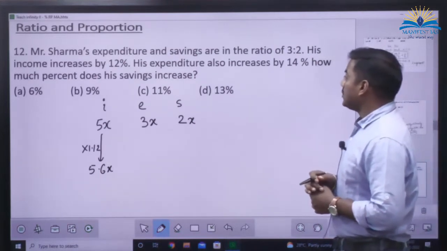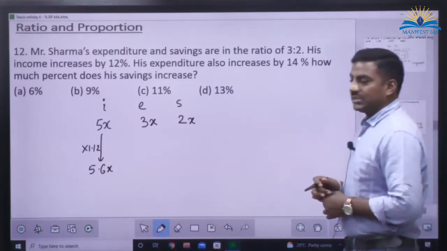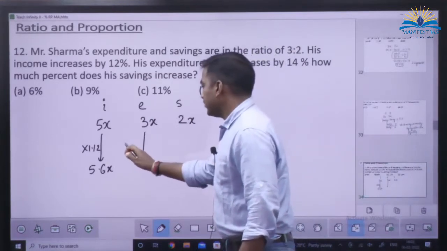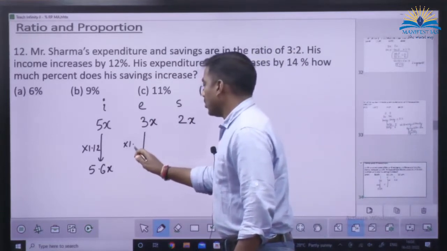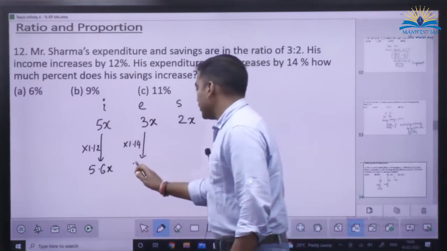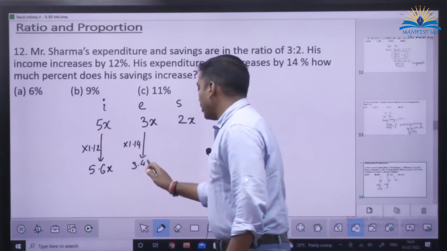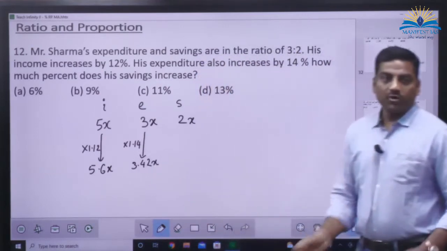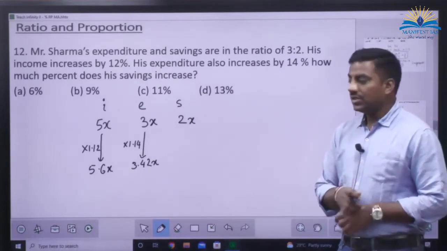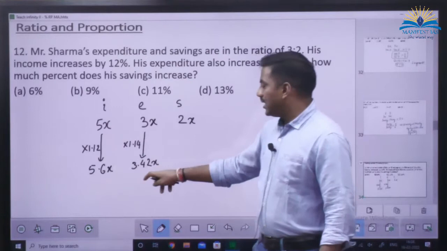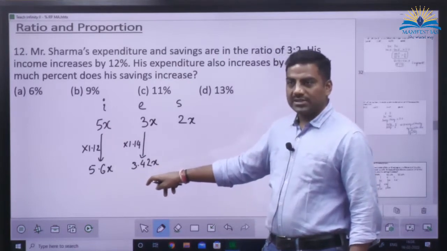His expenditure also increases by 14%. What should I multiply with? Very good, 1.14. So this will turn out to be 3.42x. Now the new salary is 5.6x and the new expenditure is 3.42x.